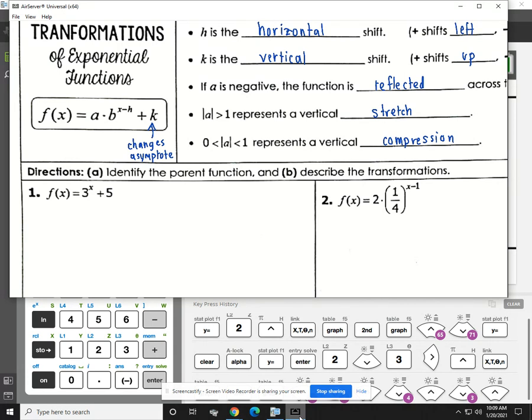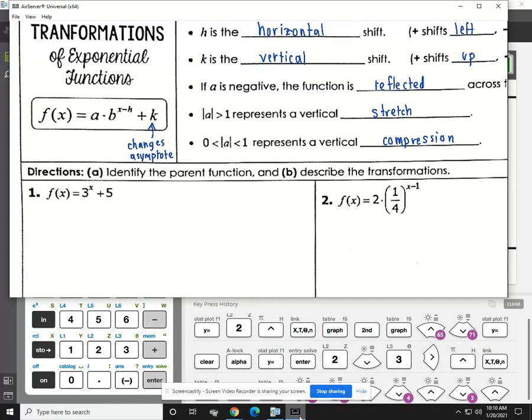If your exponential function shifts down 4, your asymptote will change from y equals 0 to y equals negative 4. Your k value is what changes your asymptote. Okay? So that'll help me when I start graphing these things. I'll know the barrier that I can't draw my graph past.